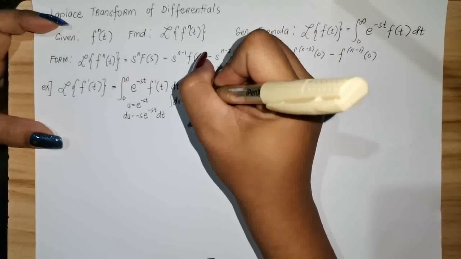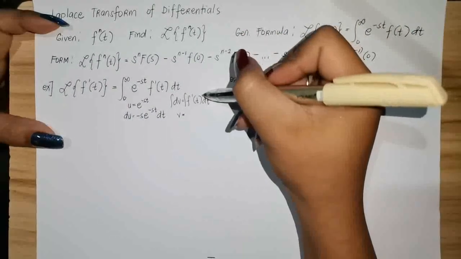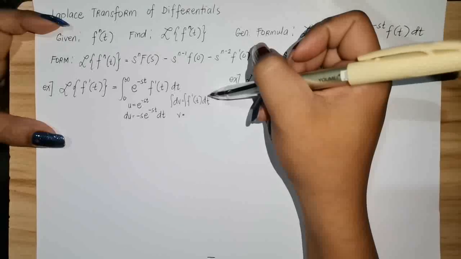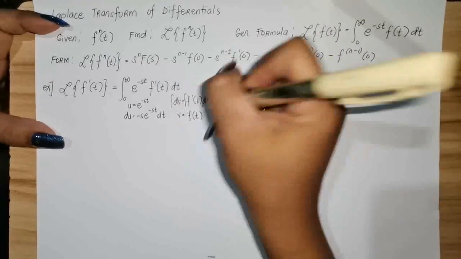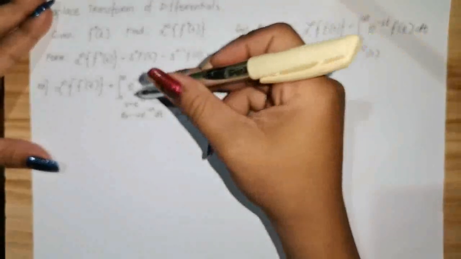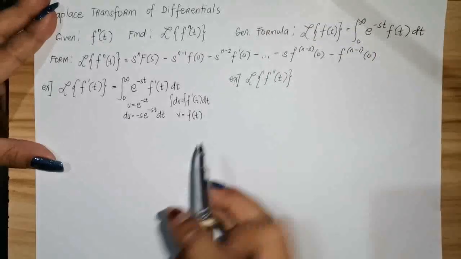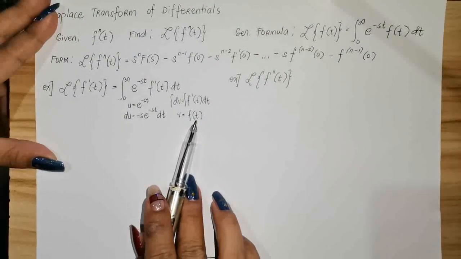So you have to integrate this one. Of course, when you integrate the first derivative, the result is the function of t, so that will be f of t. So, following your formula for integration by parts, that's uv minus the integral of v du. So you will have e raised to negative st times f of t.